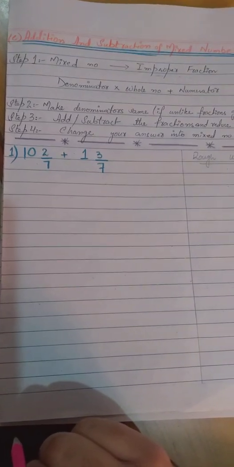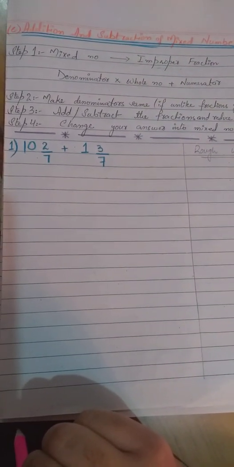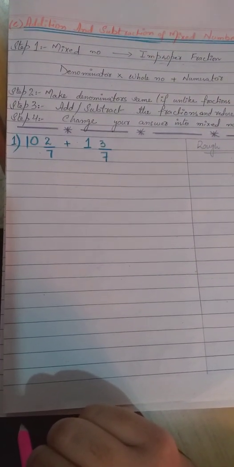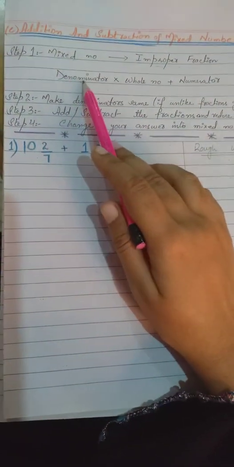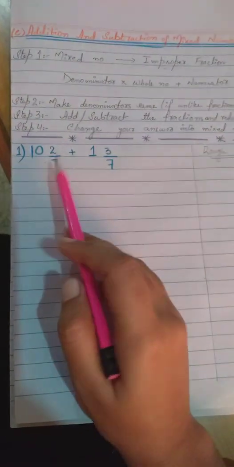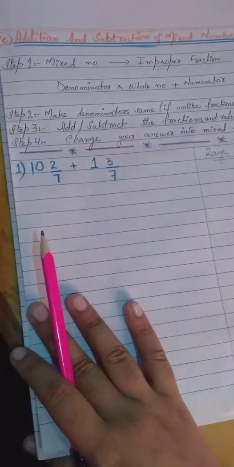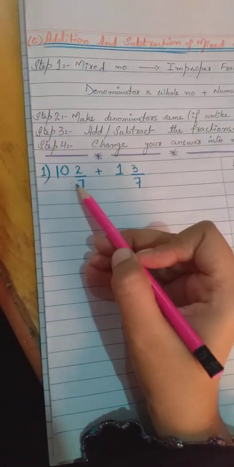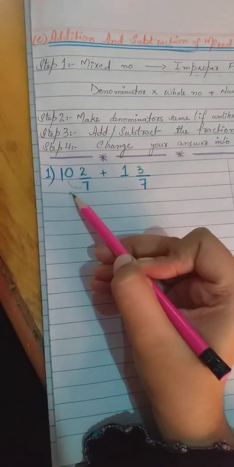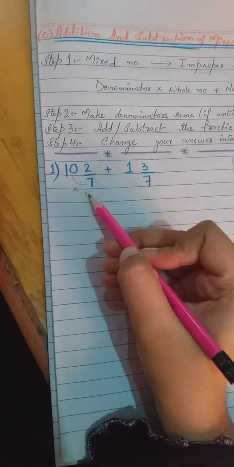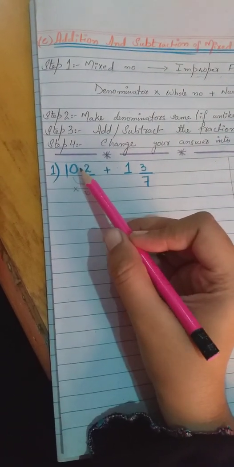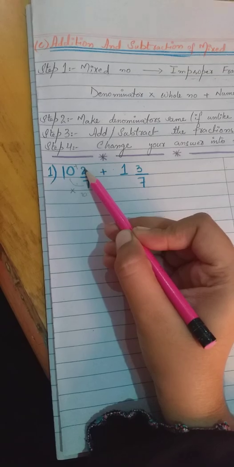According to step 1, first you will convert the mixed numbers into improper fractions, and for that you will multiply the denominator by the whole number. So here we have the denominator 7. We will multiply 7 by 10, so our answer will be 70. Then we will add the numerator, that is 2.